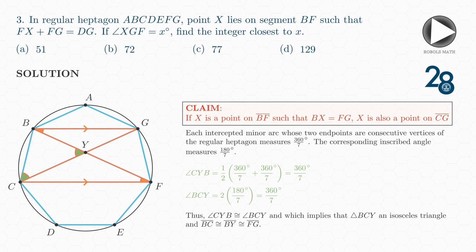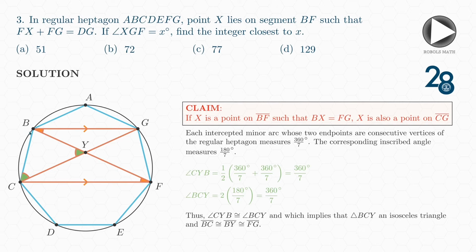And if they are congruent, by the isosceles triangle theorem or the base angle theorem, then the triangle BCY must be an isosceles triangle, right? The base angles are congruent, so this must be an isosceles triangle. Moreover, we can say that BC must be congruent to BY.